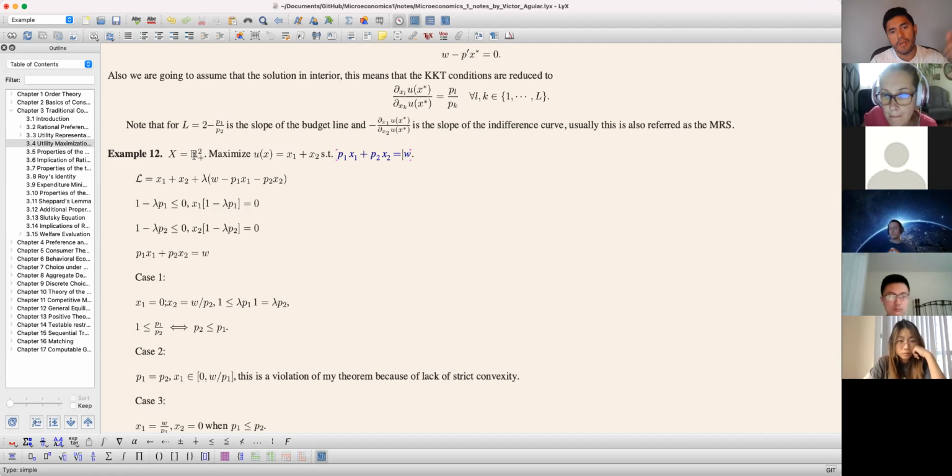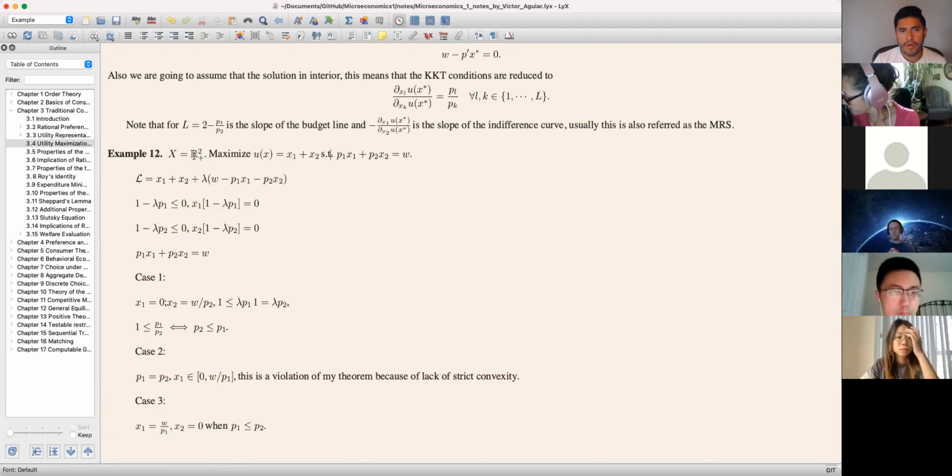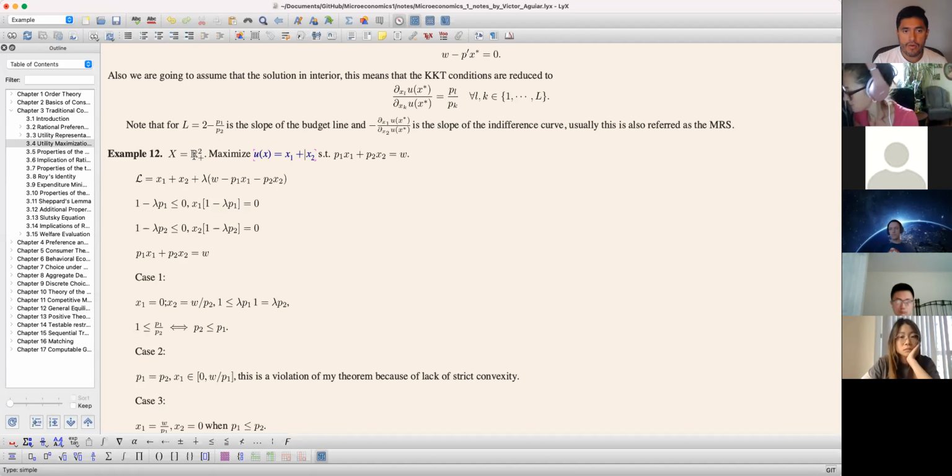The budget constraint can be written as a less than or equal, or with equality. In the most general case we will study, it will be with a less than or equal to income. I'm going to be more formal about the whole notation, but right now it's very understandable that if you have a bundle, which is a vector in R2, and I apply a utility, my utility in this particular example is a linear utility.